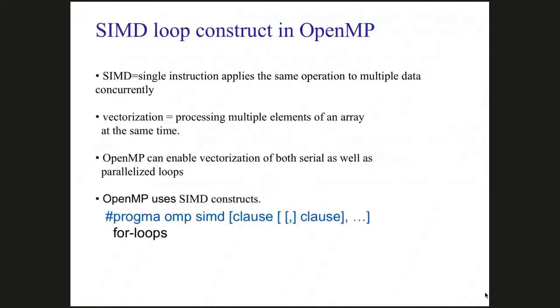OpenMP comes with this idea with a construct called SIMD, a single instruction that applies the same operation to multiple data concurrently. Vectorization basically processes multiple elements of an array at the same time. The syntax is also simple: pragma omp simd, some clauses, and then a for loop.